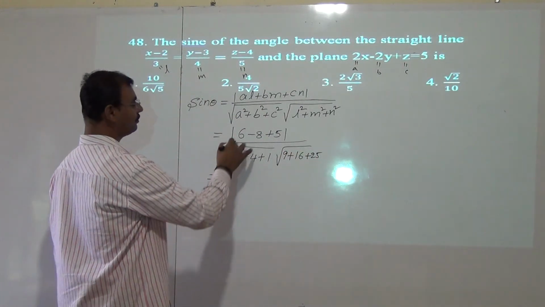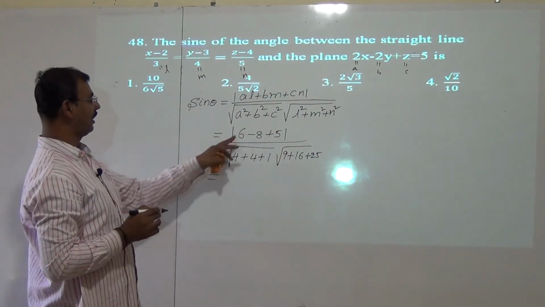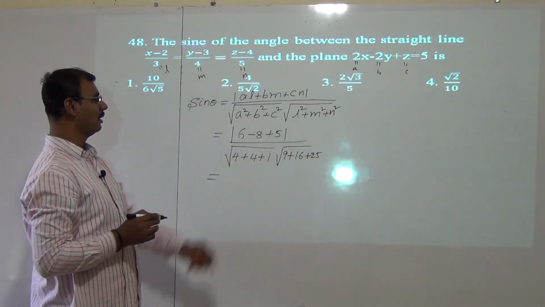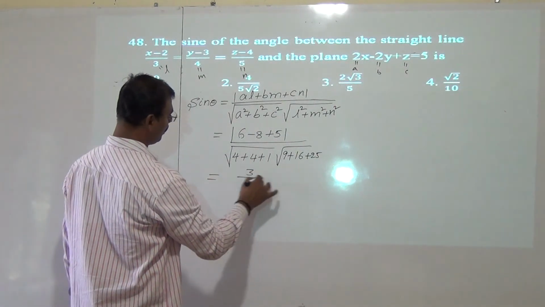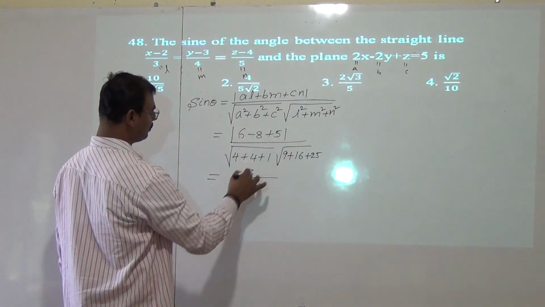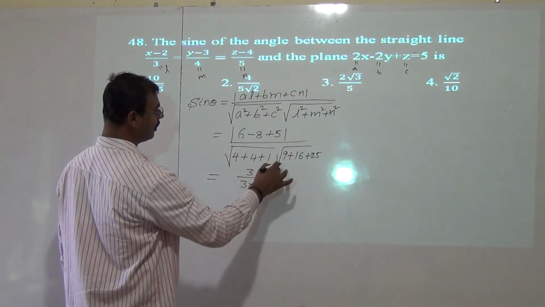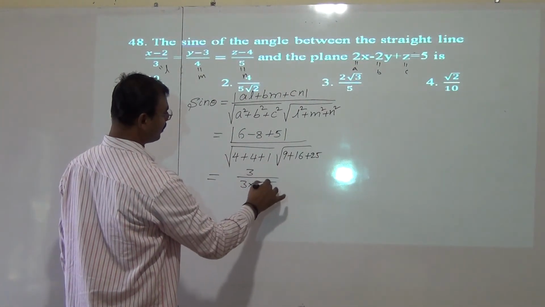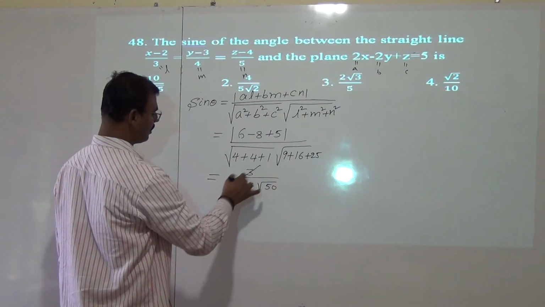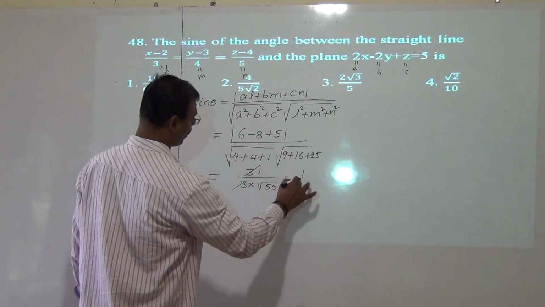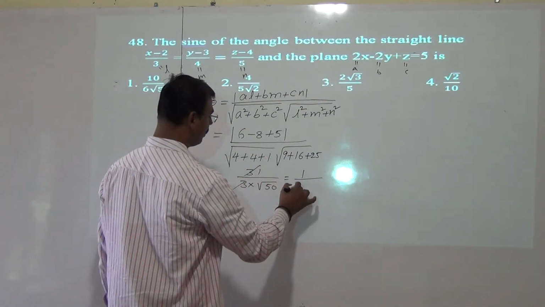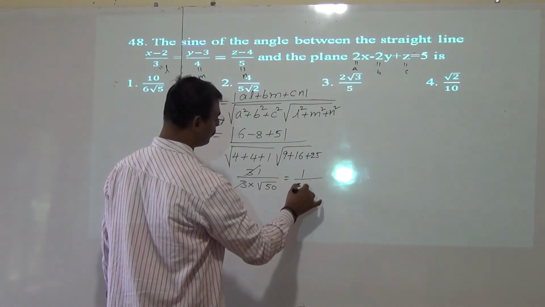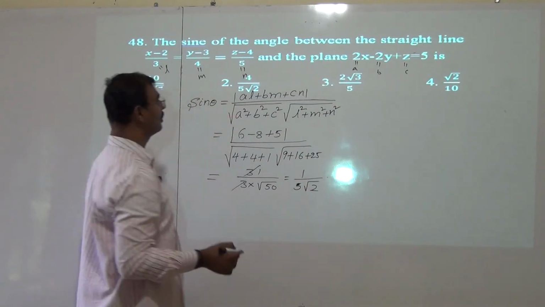What is the value? 6 plus 5 is 11, 11 minus 8 is 3, divided by square root of 9, 3, into square root of 50. 3 cancelled one time. This is equal to 1 upon square root of 50, that is 25 into 2, so 5 root 2. This is the answer.